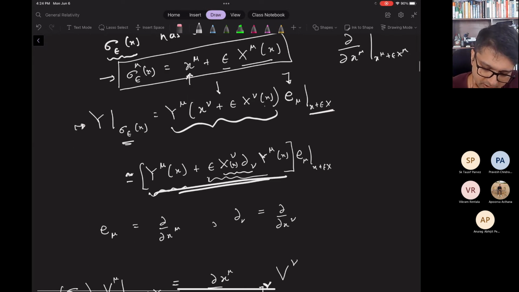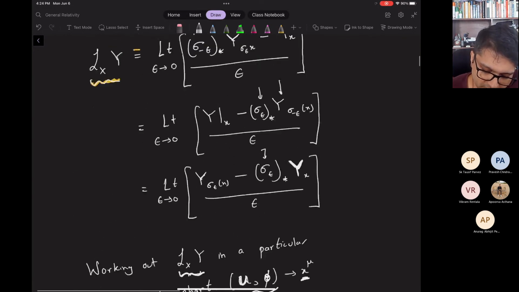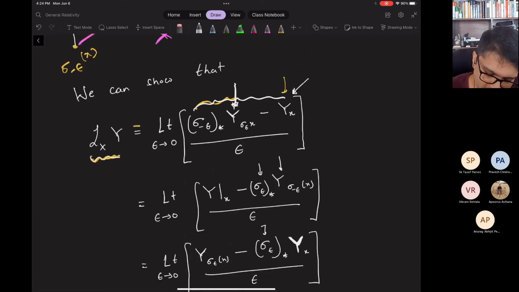That's a Taylor expansion, where these e mu's are just partial x mu, and this partial nu is also partial x nu. So this is just y, but then we have to pull back this y, or actually we push forward using the inverse diffeomorphism.